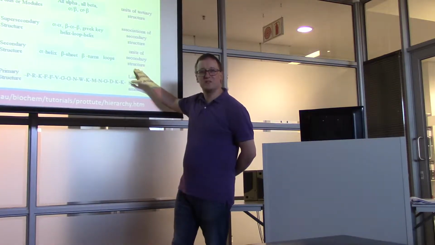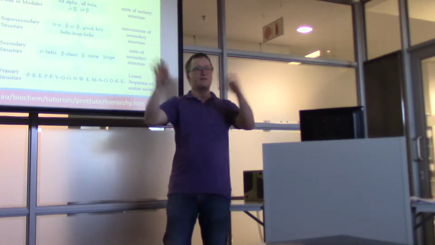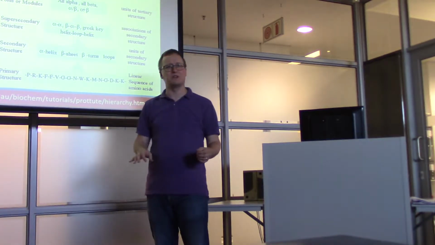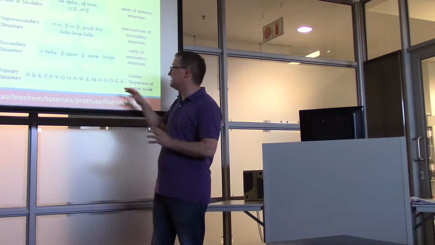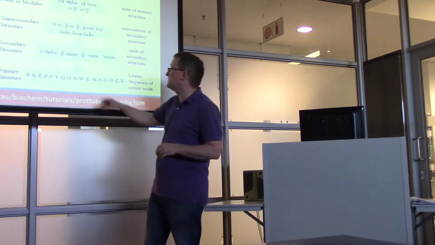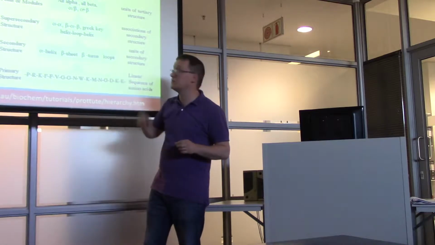From there, we have units of secondary structure that are largely just self-forming. If you produce any sequence of this, whether you've got chaperonins or whatever present in your mixture, these parts of the sequence just fold up this way because it's energetically favorable for them to do so. This forms alpha helices, beta sheets, beta turns, and loops.